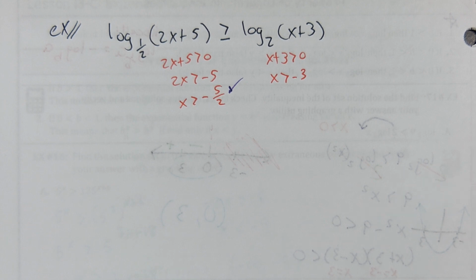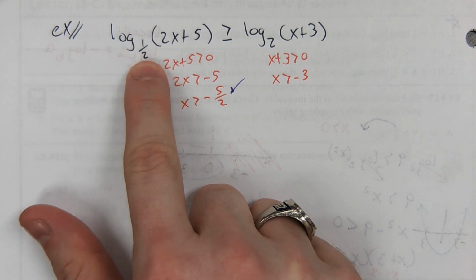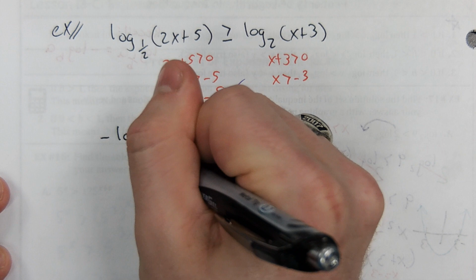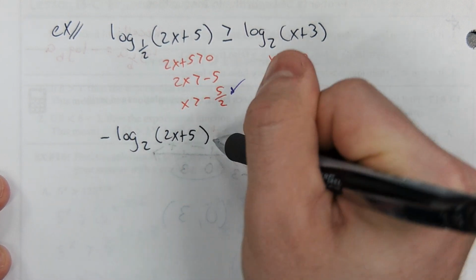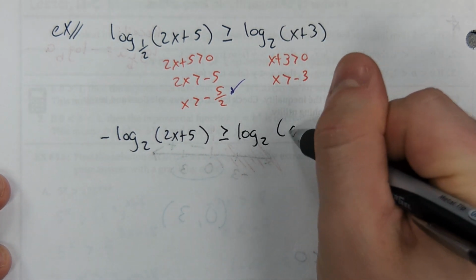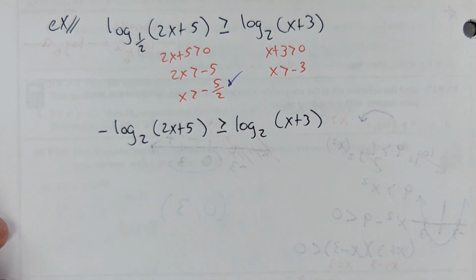Awesome. Now, one of the two bases is greater than 1, but the other is not. So this one, we're going to use our rule and put a negative sign on the front. Cool so far?